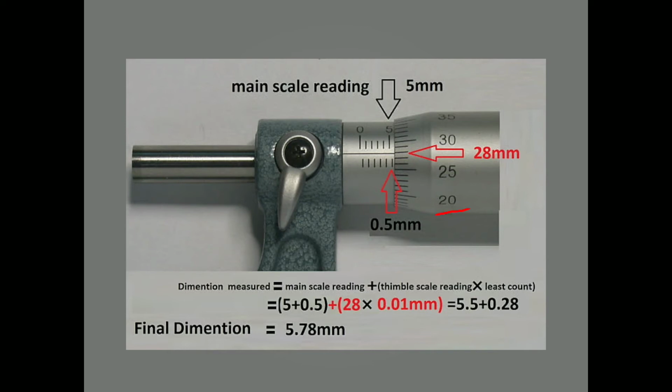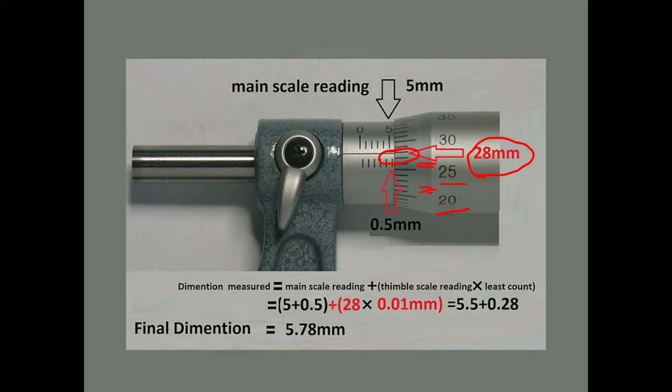From 20 we count 21, 22, 23, 24, then 25. After 25 you can see 26, 27, and this 28th line is matching with the main scale. So the final reading of the circular or rotating scale is 28.